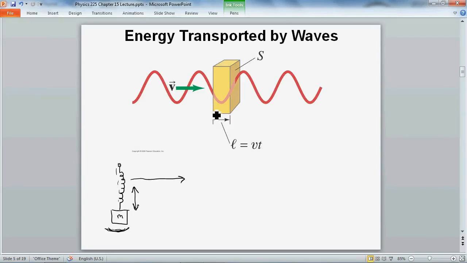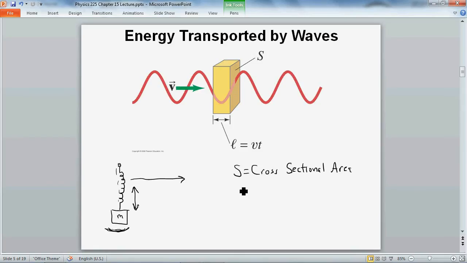But before we do that, let's look at some definitions. So you notice that here you have this S value. The S refers to the cross-sectional area that the wave is traveling through.